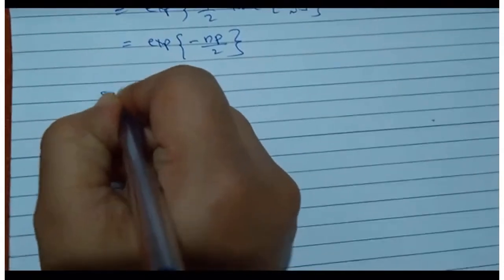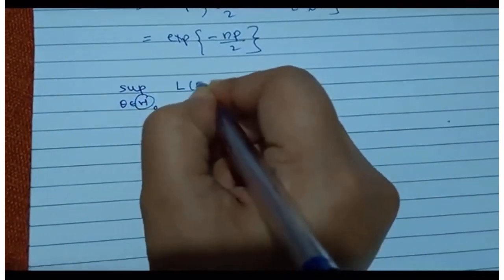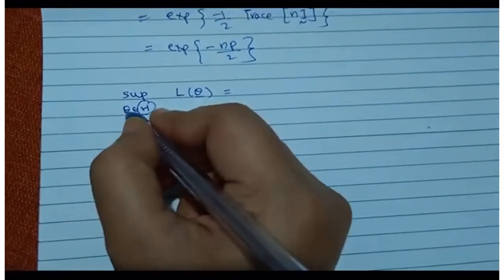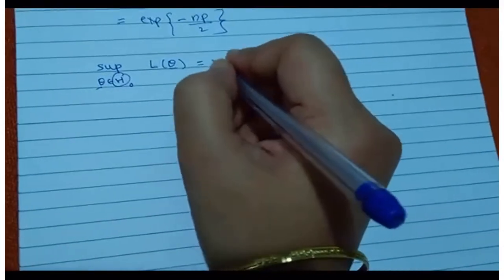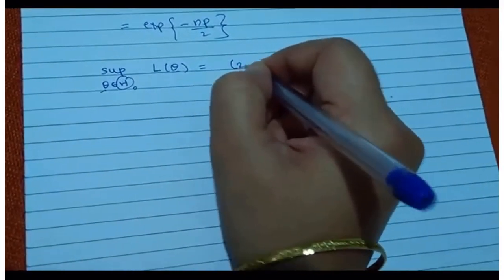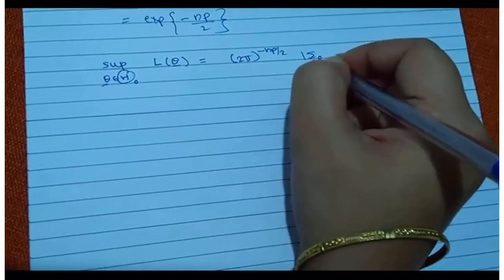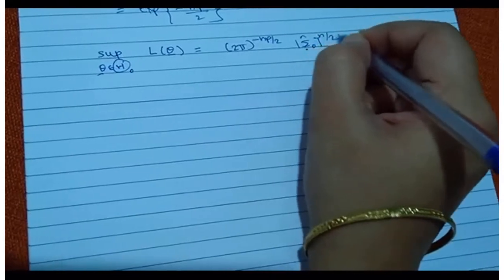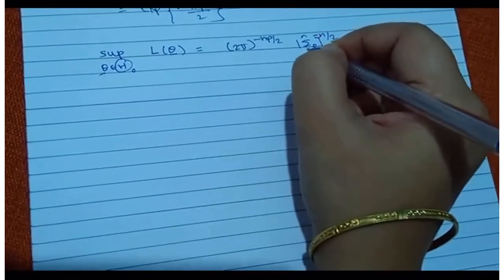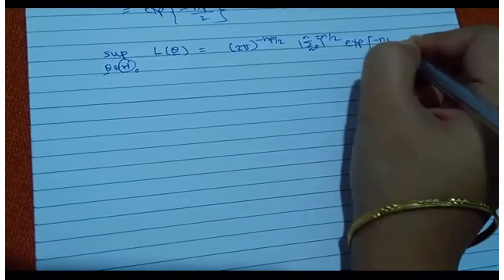So what I know now is the supremum under theta naught of the likelihood, where by theta I mean both mu and sigma, is 2 pi raised to minus np by 2, determinant of sigma naught hat raised to minus n by 2, and e raised to minus np by 2.